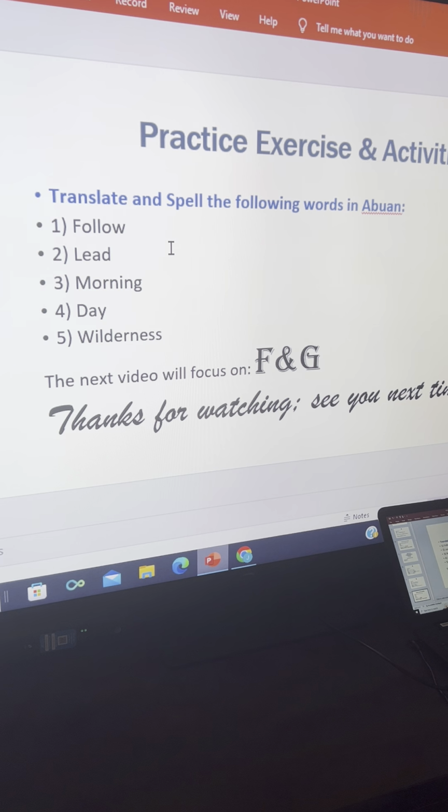How do you spell that? Let's see. And then, lastly but not the least, we have wilderness. How do you spell the word in Abuan? Wilderness is edala. Edala. Okay? See, so you have D in that. Let's see how you spell that.